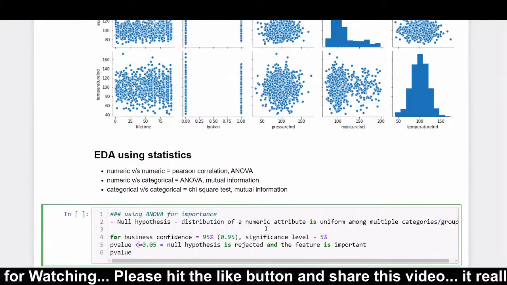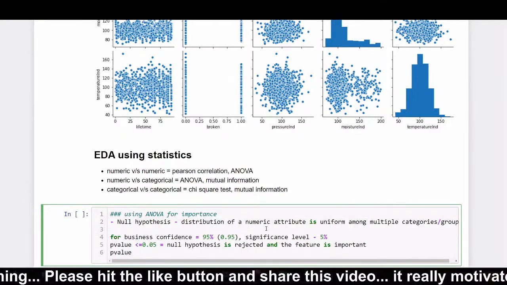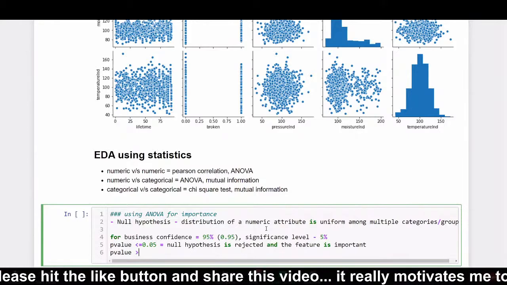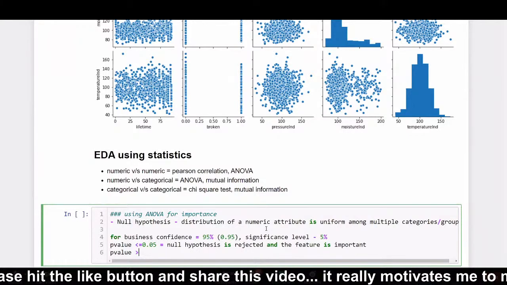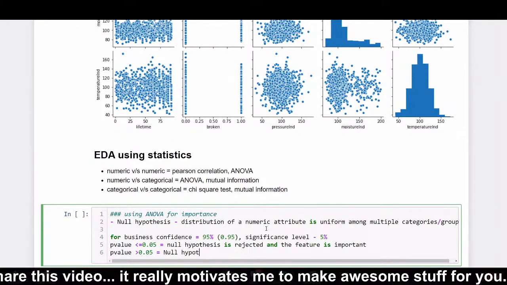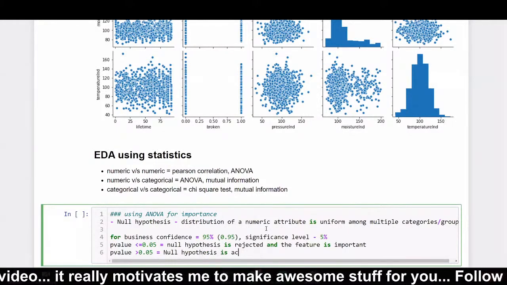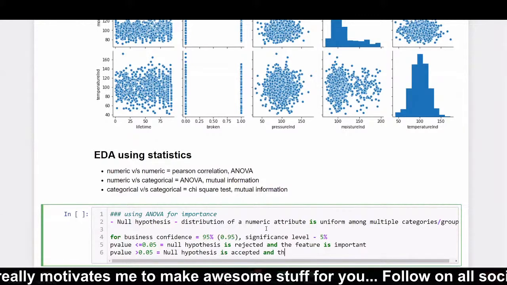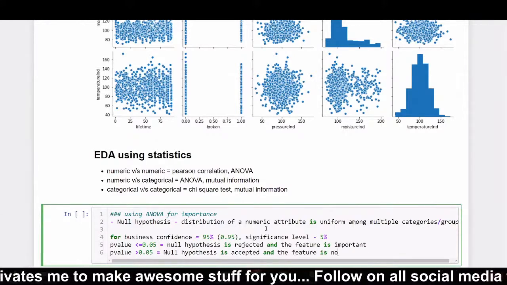If the p-value is less than 0.05, we say the null hypothesis is rejected and the feature is important. If it is greater than 0.05, we say the null hypothesis is accepted and the feature is not important.